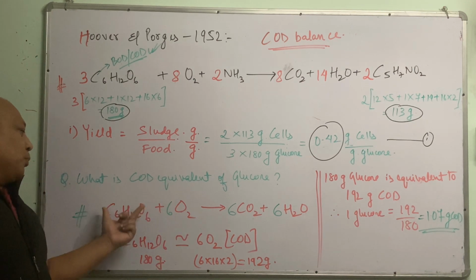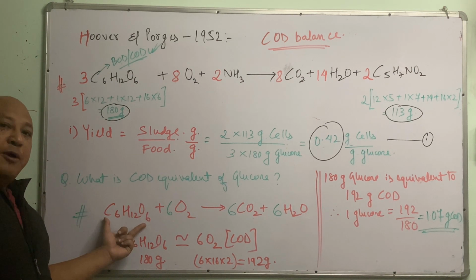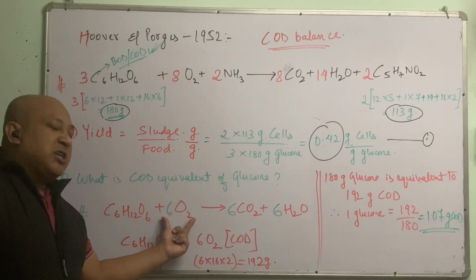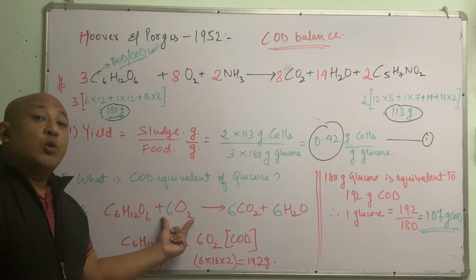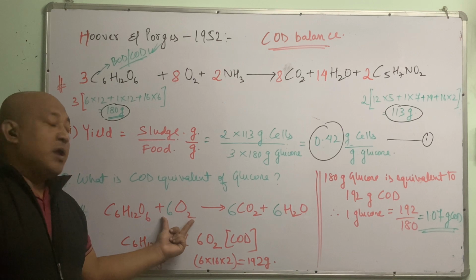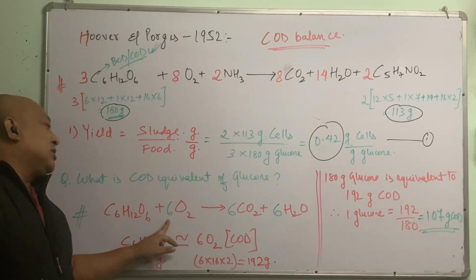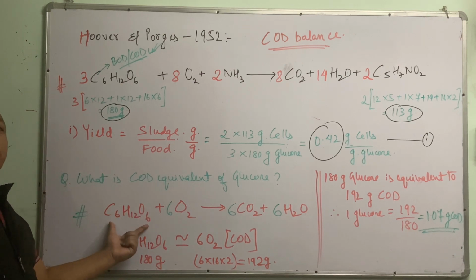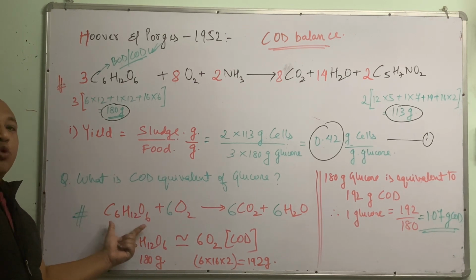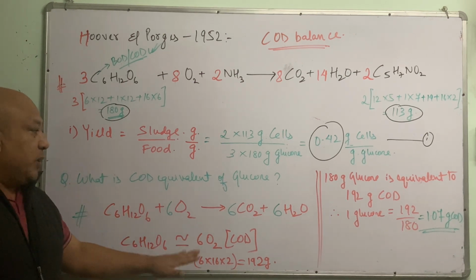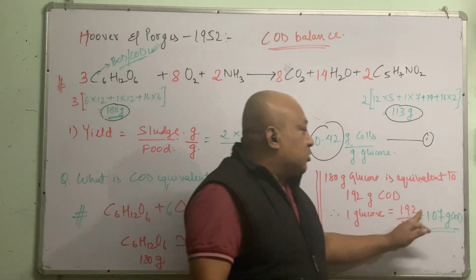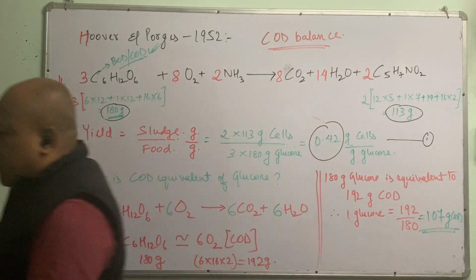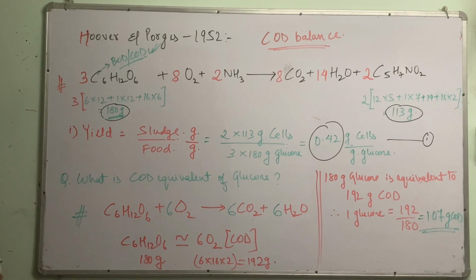I'm saying that to biodegrade this amount of glucose, this much amount of COD, or oxygen, is required. Therefore, 6 molecules of O2 is the COD, and it corresponds to this molecule of glucose. This way we find that 1 gram of glucose is equal to 1.07 gram of COD. Is that fine? Okay.